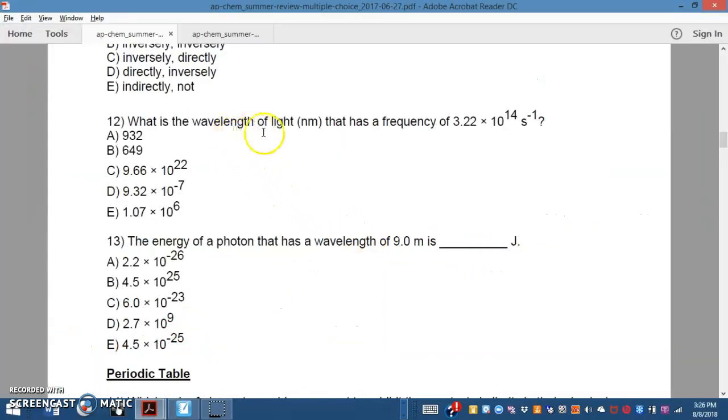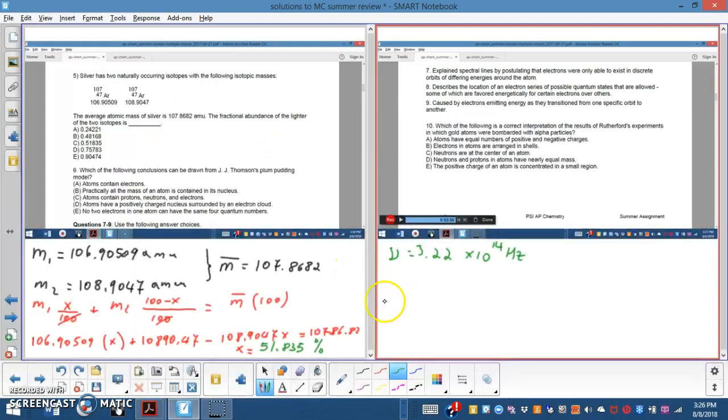And they want to know the wavelength. So you know the wavelength is equal to c over nu, and you know c is 3.00 times 10 to the 8 meters per second divided by 3.22 times 10 to the positive 14, 1 over second. Second and second cancel out, so your answer is going to be in meters, which is what you want.